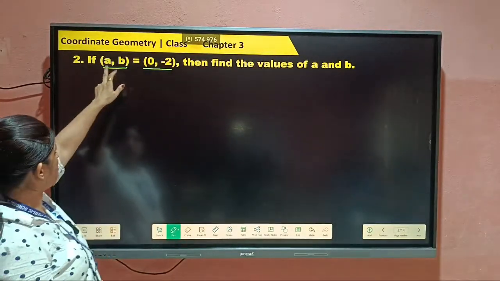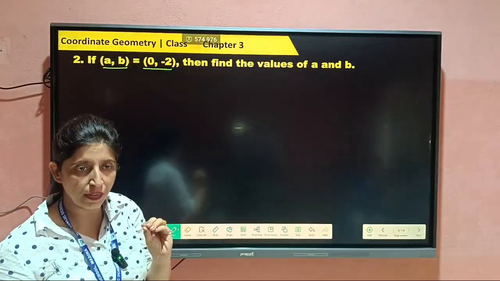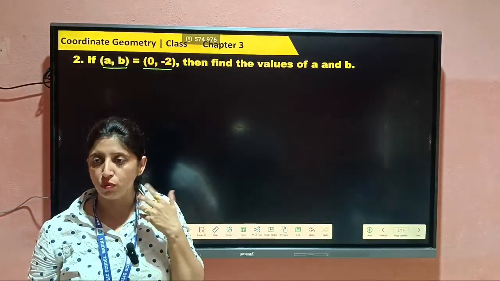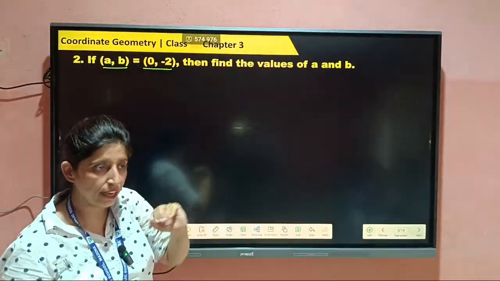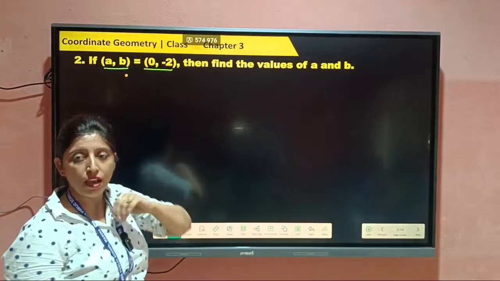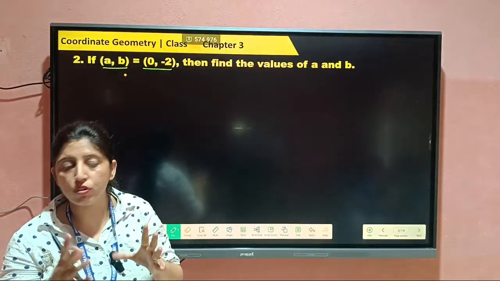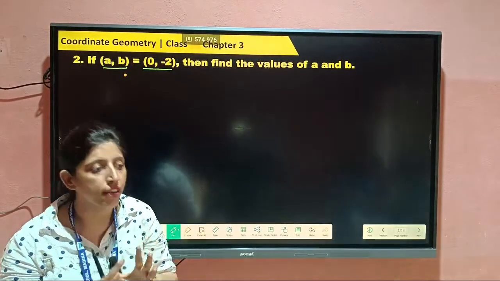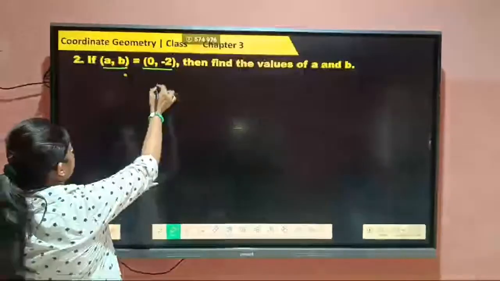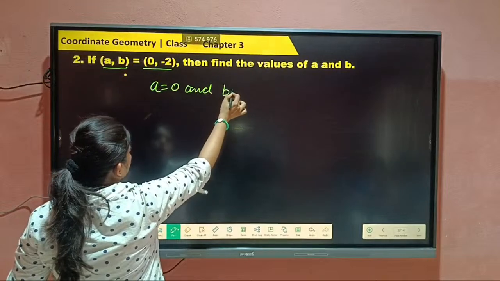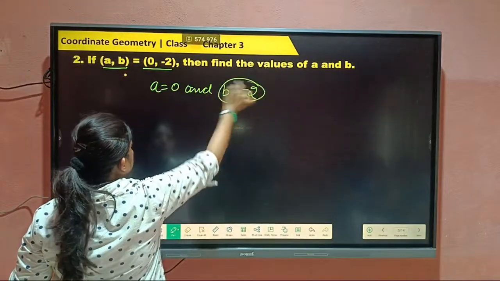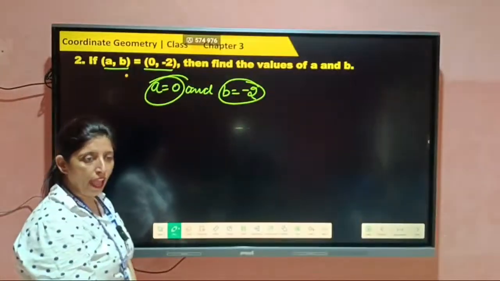So first element will be equal to the first element, second element will be equal to the second one. Means first coordinate will be equal to the first coordinate, second coordinate will be equal to the second coordinate, since they are given equal. So A is equal to 0 and B is equal to -2. These are the values of A and B.